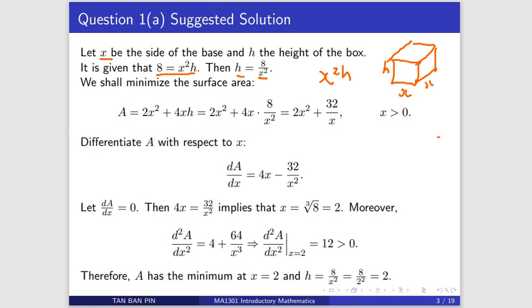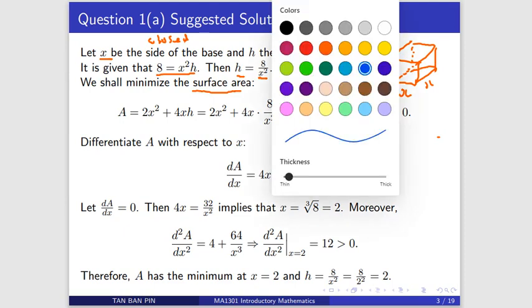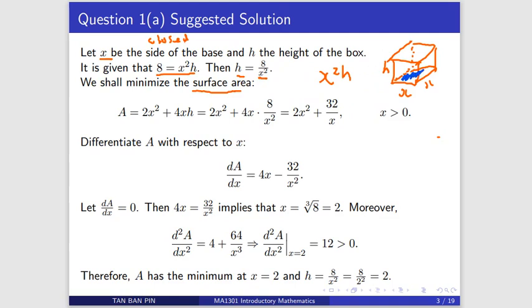And because you want to make a box, you have to look at the surface area. So for part A, because you have a closed box, you have to consider the base, which is a square, area x squared, then the cover, the top surface, also x squared, so 2x squared.